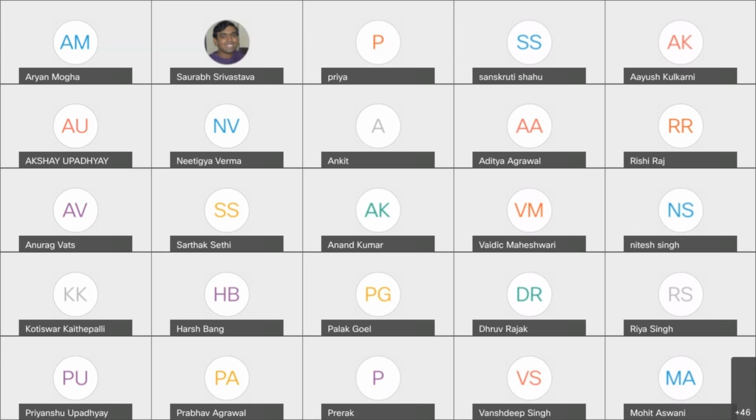Code blocks can be hierarchical, so within a code block you can have another code block and another code block like this.